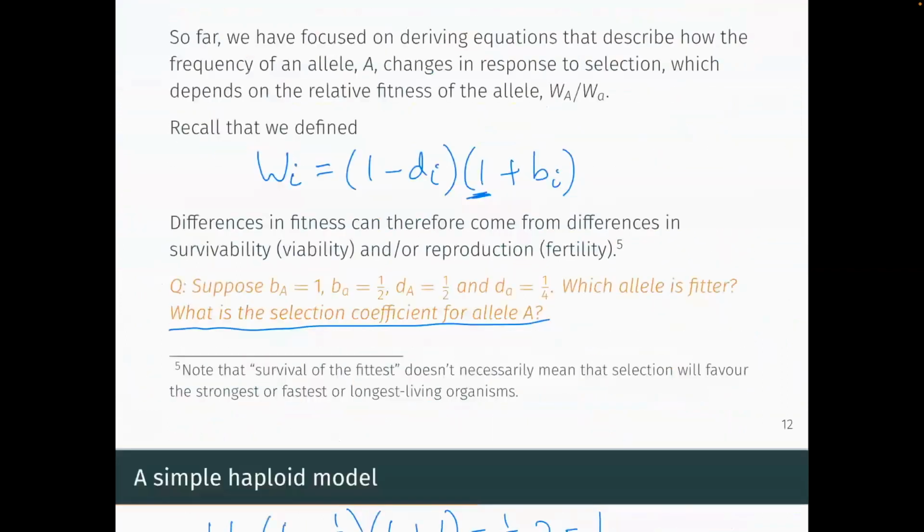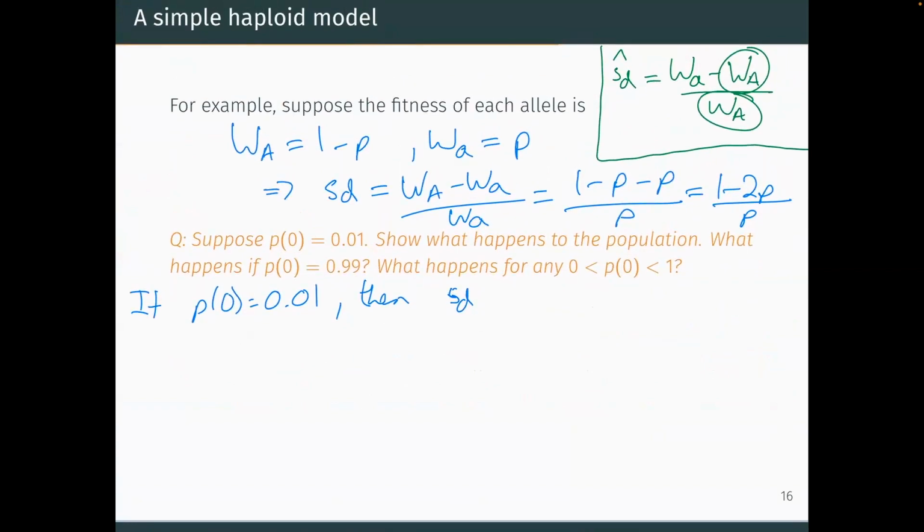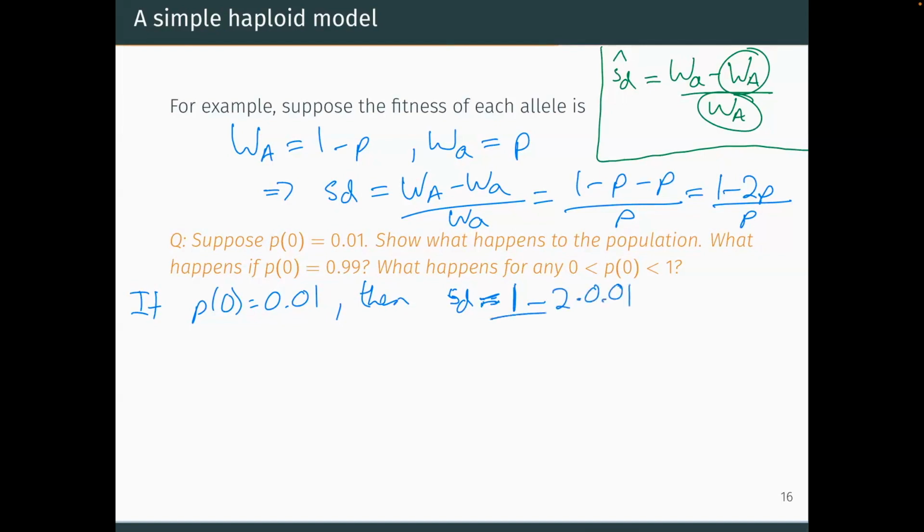We can just look at our selection differential, right? So our selection differential here is going to be equal to 1 minus 2 times 0.01 over 0.01. This is clearly positive, so P is going to increase.